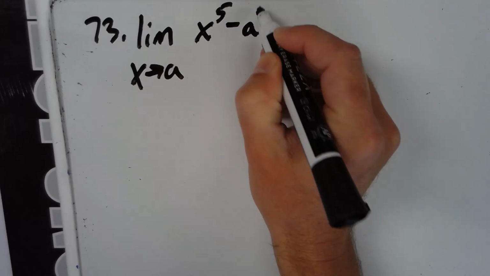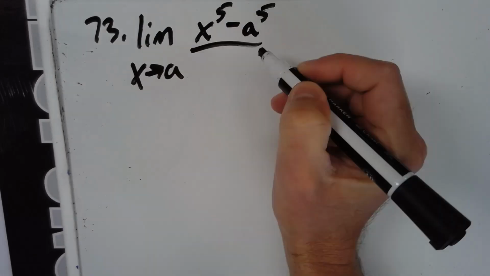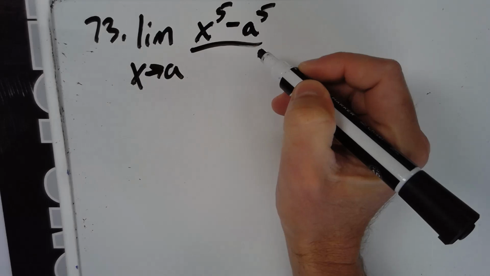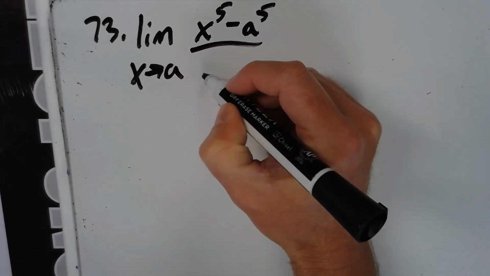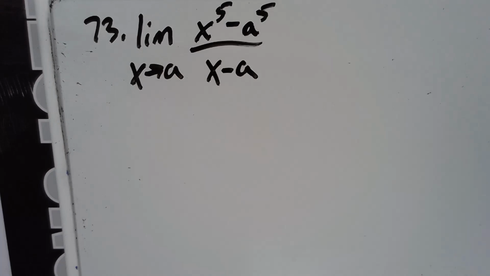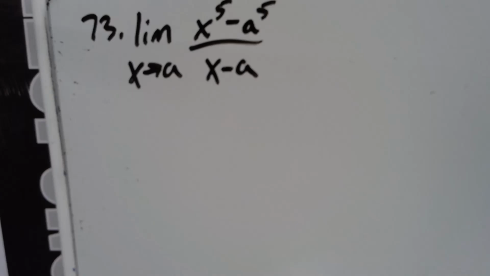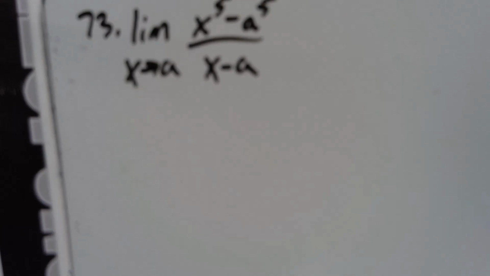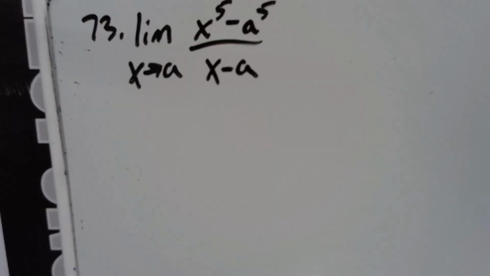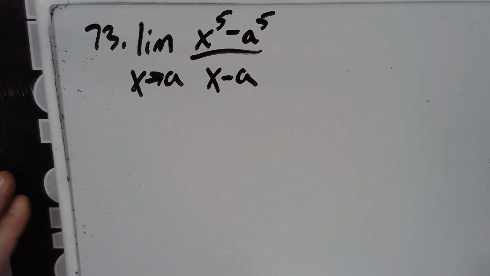They should probably say A is a real number. So again, why do we even need to mess with anything on this? Because if we plug in as is, we get a 0 in the denominator. Okay, so we need a factor, and we need a term like this to cancel.